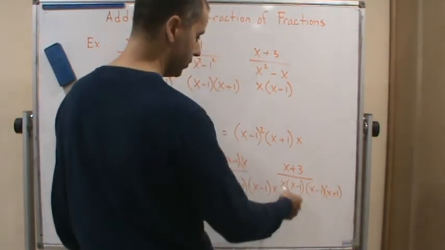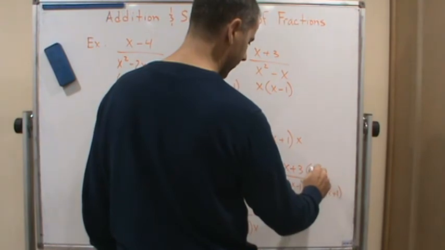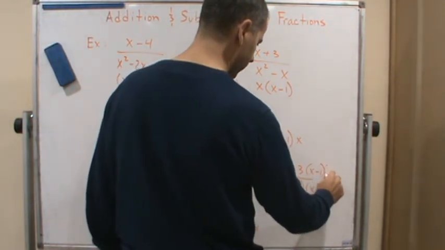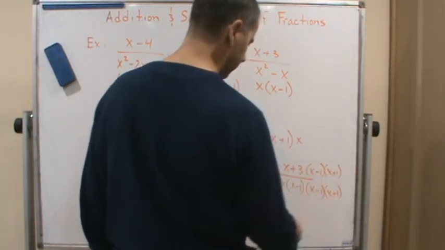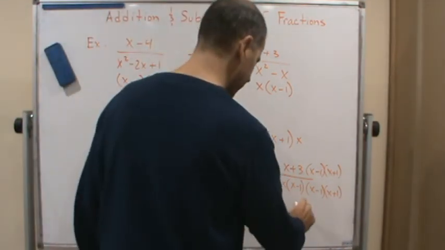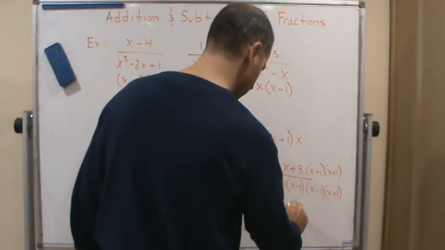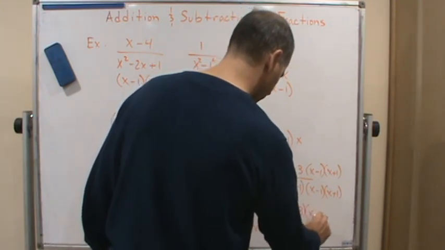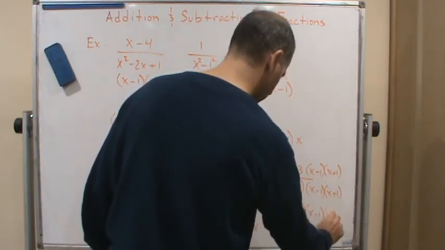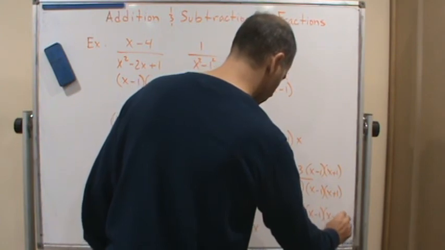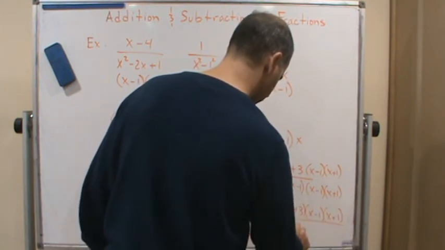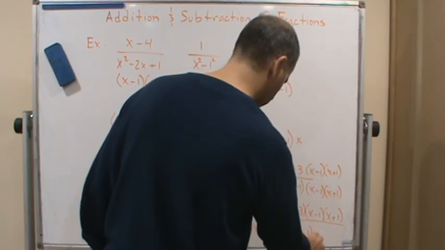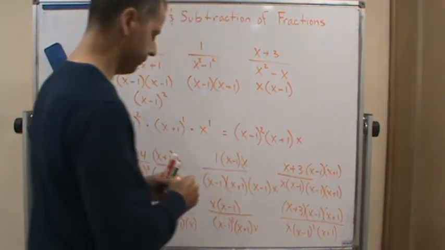And of course I need to multiply the top by the same thing, x minus 1 times x plus 1. And so finally I get x plus 3 times x minus 1 times x plus 1 over the common denominator of x times x minus 1 squared times x plus 1.